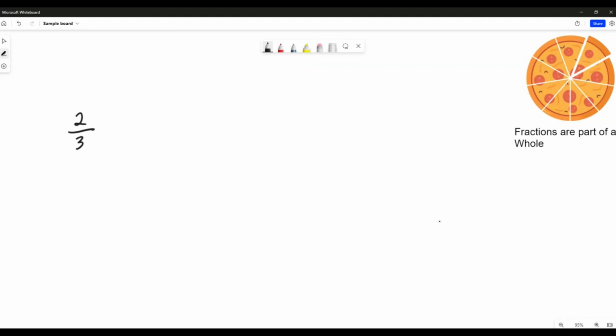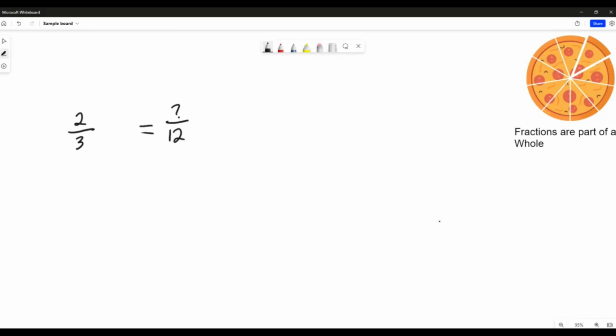And I wanted to know, all right, I want to change 2/3 into twelfths. I want to change 2/3 so that it is twelfths, being exactly the same amount. I want 2/3 to be the exact same amount as something twelfths.